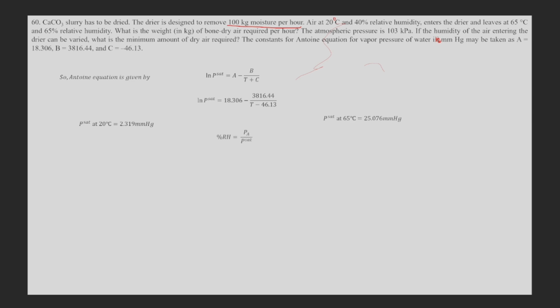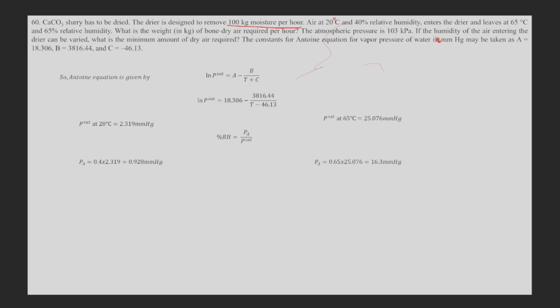Now, percentage humidity, we have this formula. Pa is the partial pressure, equal to relative humidity at 20 degrees Celsius, which is 40%, so 0.4 into 2.319. We just calculated P sat. So partial pressure is 0.928 mmHg.